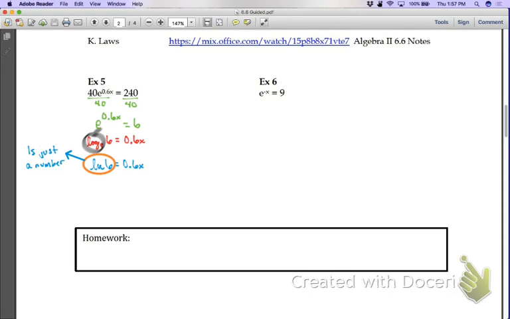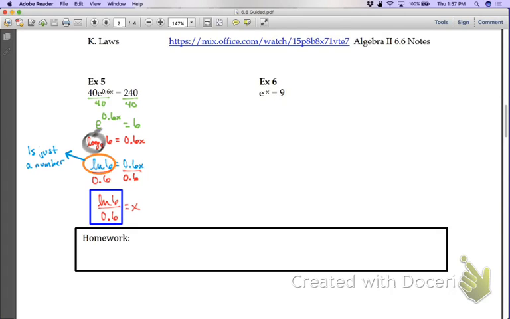So if I have the natural log of 6, what do I need to do to get x by itself? Yeah, divide by 0.6. If it ever asks for the exact answer, you know what you're going to put? The natural log of 6 divided by 0.6. This is the exact answer. If that's all it asks for, that's all it asks for.